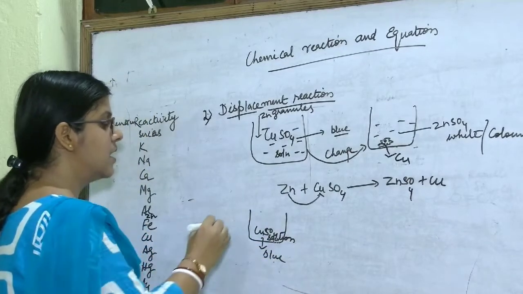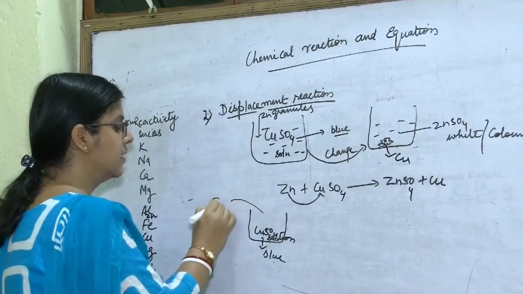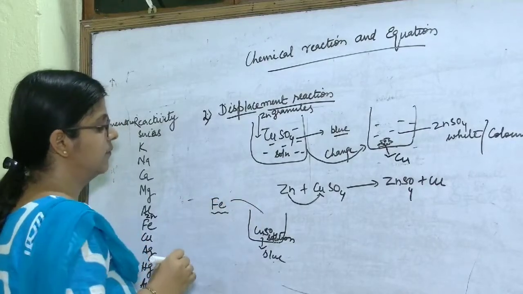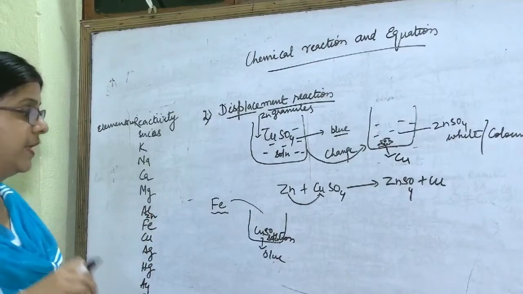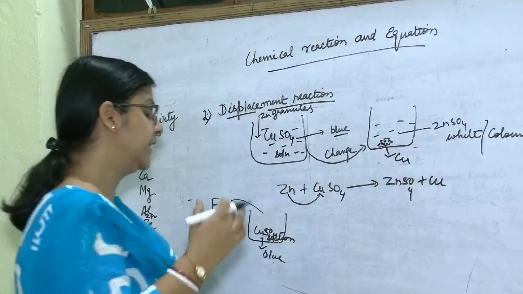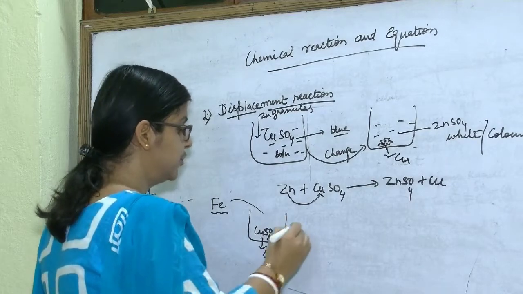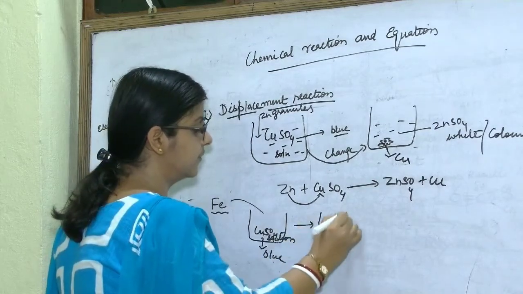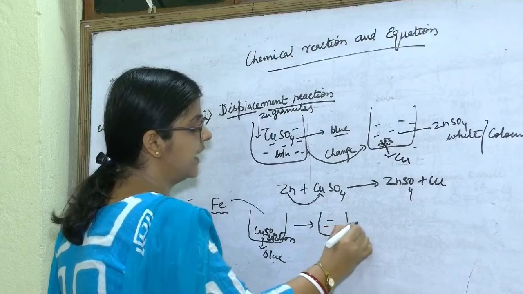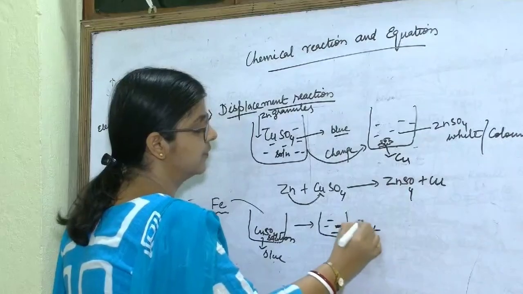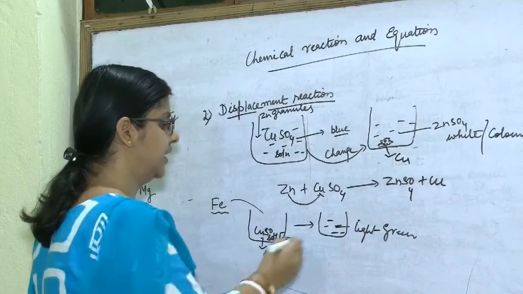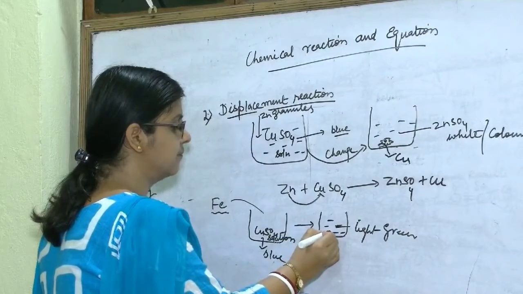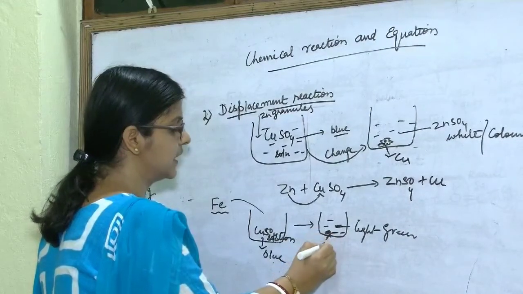Now if you add iron powder, then what will be the color of the solution? You will see that the color will change to light green, and again you will get some brown mass over here, that is of copper.